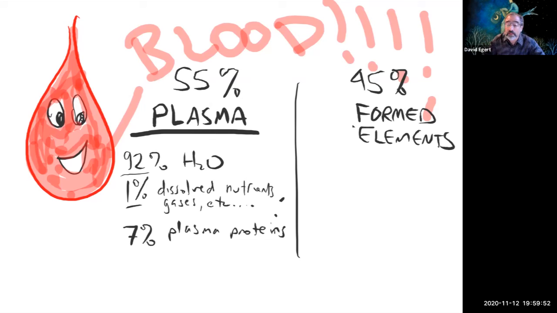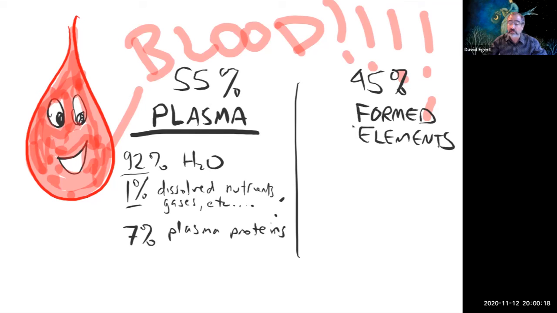These are big proteins, the ones that tend to stay in the bloodstream even when there's filtration. Remember I was talking about fluid leaking out of the vessels. The plasma proteins tend to stay back. Some of them you've met. Fibrinogen, involved with clotting.